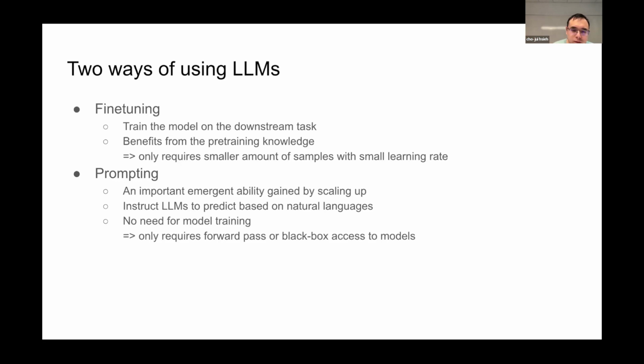Basically, in prompting, we instruct LLMs to predict based on the instruction, which is natural language. The good thing is you only require a forward pass, and you don't even need to access the weights. For example, now you have closed source language models like GPT and Gemini. You can just ask questions, and they can help you perform what you ask. And if you call the API, you can also use it as a model to do whatever you want to do.